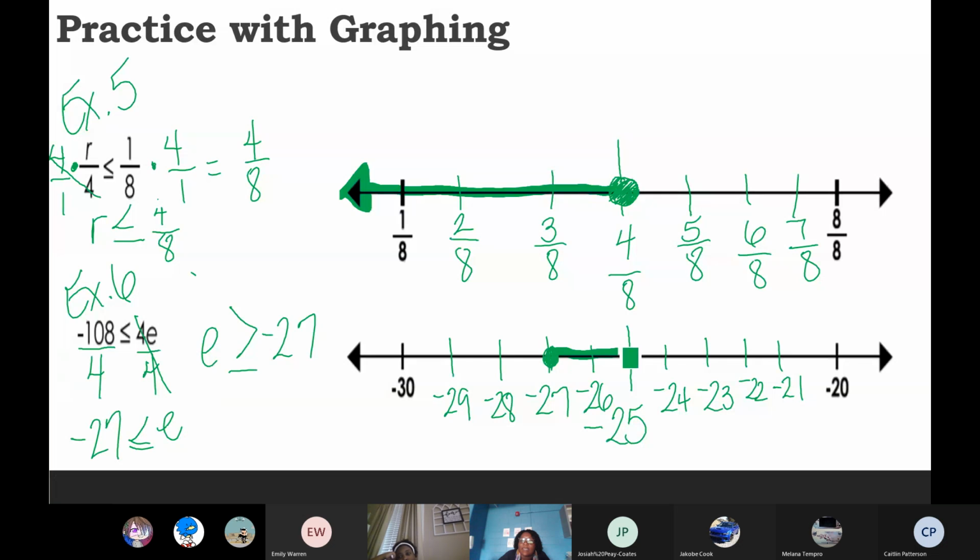So 26, anything this way is going to be greater than -27. What this is telling me is that e represents some number that is equal to or greater than -27.